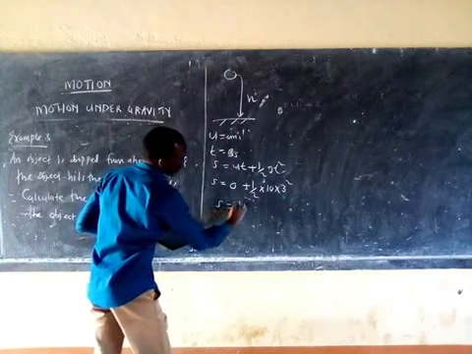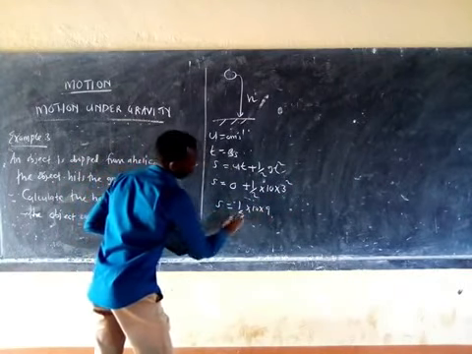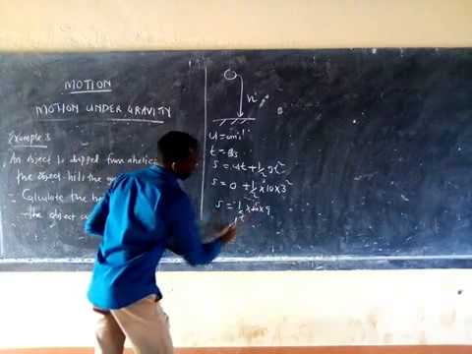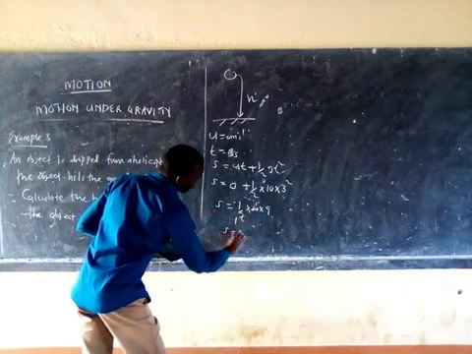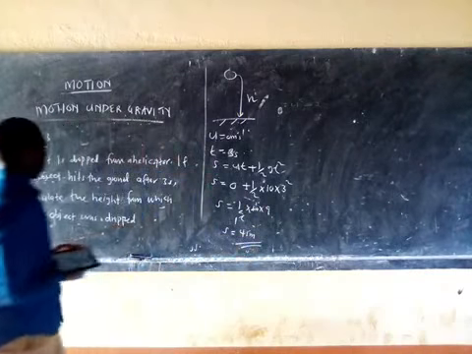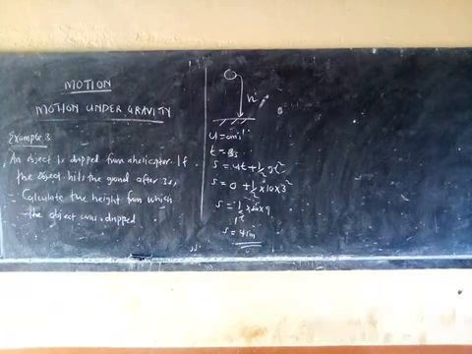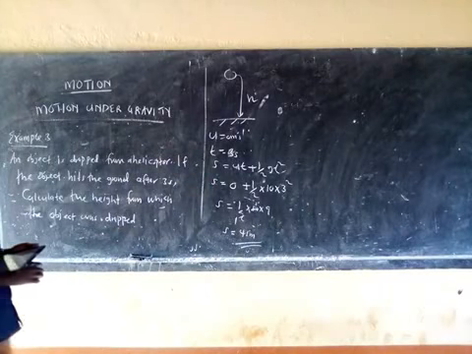Giving us S equals a half times 10 times 9. Half of 10 becomes 5, giving us a distance of 45 meters. And yes, as simple as that. That's our answer.